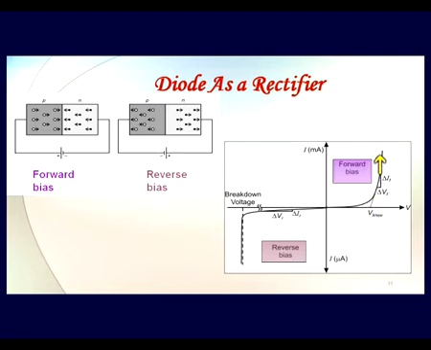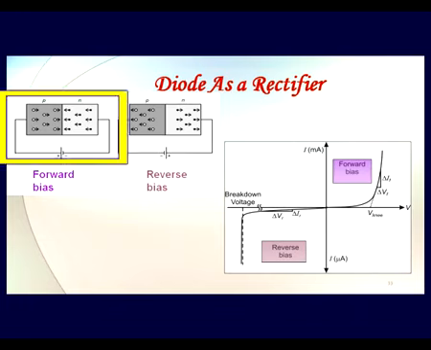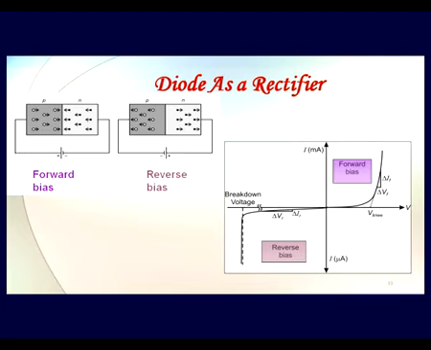The current goes on increasing with very little change in the voltage across it. So we can consider this circuit as if this is a switch which is put on, and it is going to give us a current flow through it when positive is connected to the P terminal and negative is connected to the N terminal.